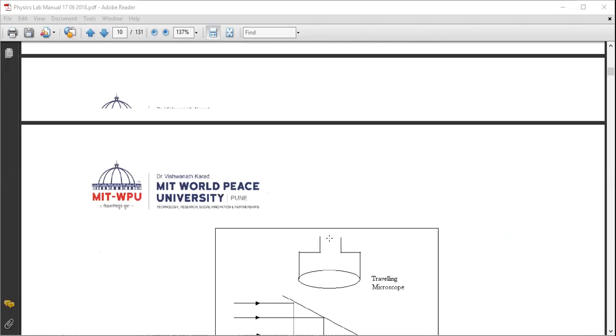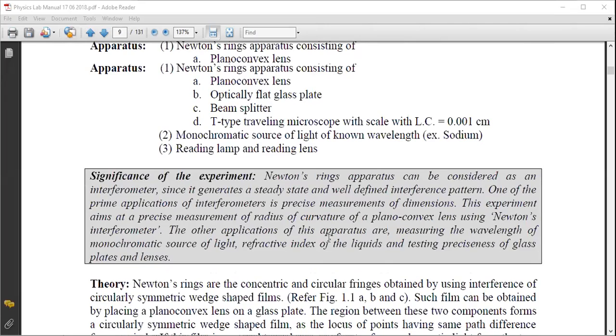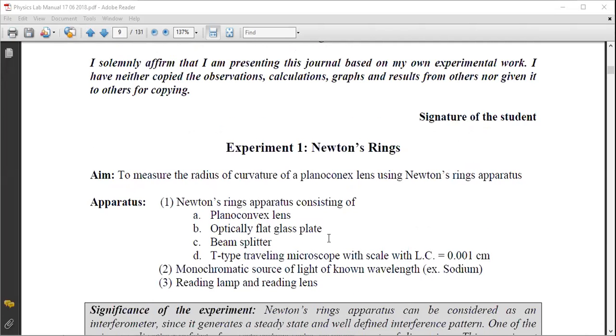I'm going to share my screen, share the PDF. Okay, here is the lab manual. So I believe that everyone is having this lab manual PDF with them.